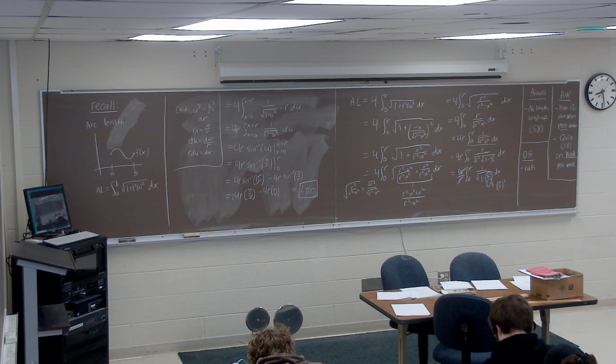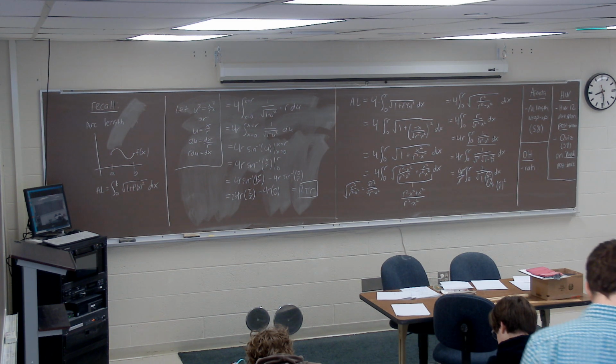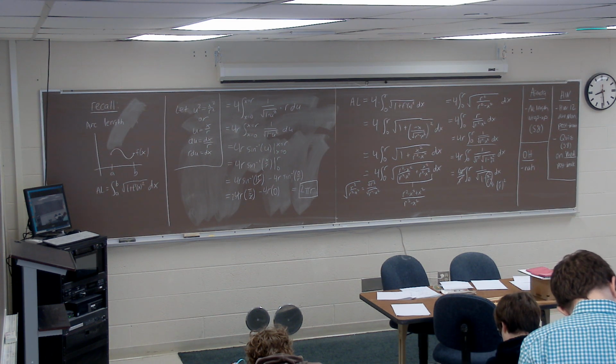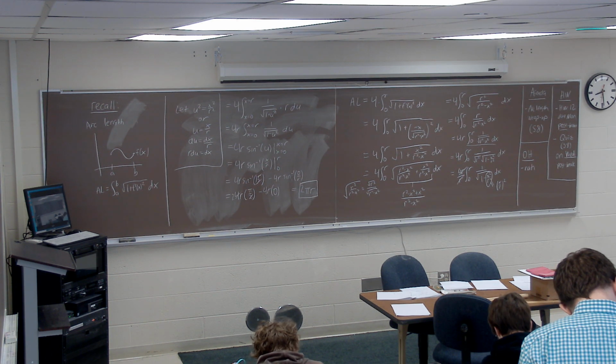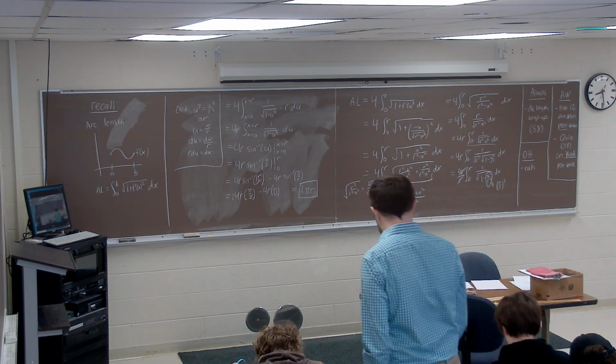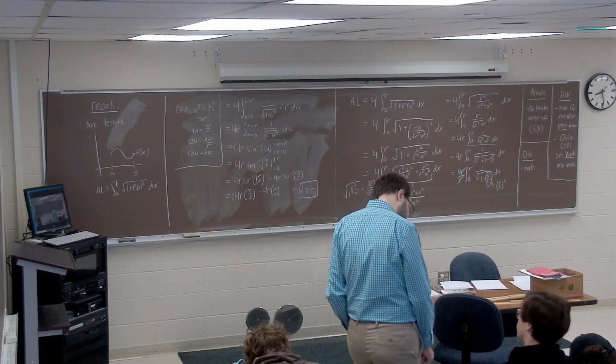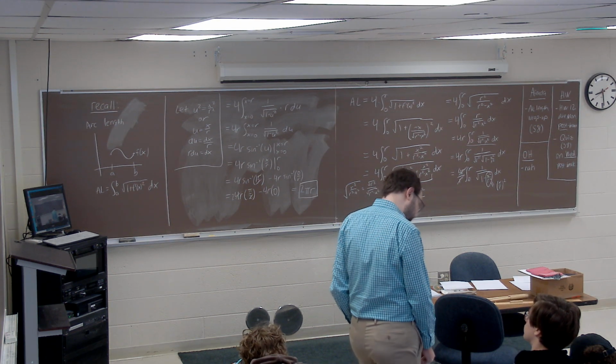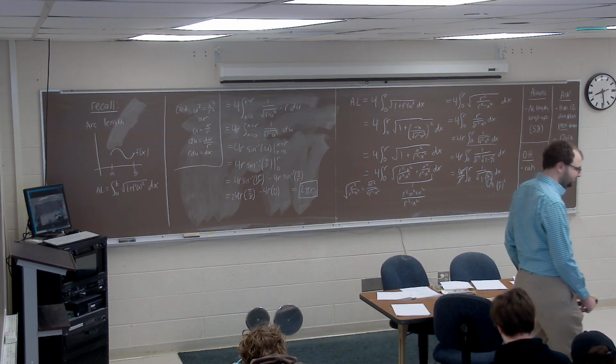But negative tangent x, when you square it, would just give you a positive tangent squared, only because the negatives end up cancelling. You've got to plug your U back into this.